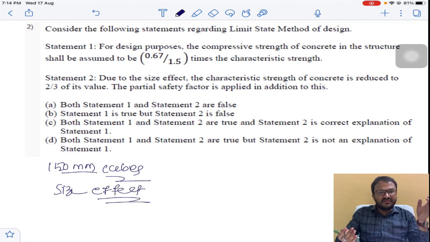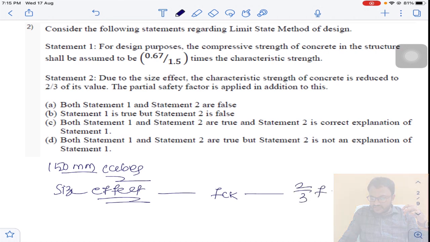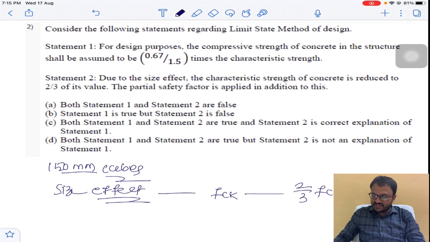Clear? Because of this size effect, the concrete strength, initially fck, is reduced to 2/3 of fck. So that will be 0.67 fck. Again to this 0.67 fck, we apply the partial factor of safety 1.5 for concrete.